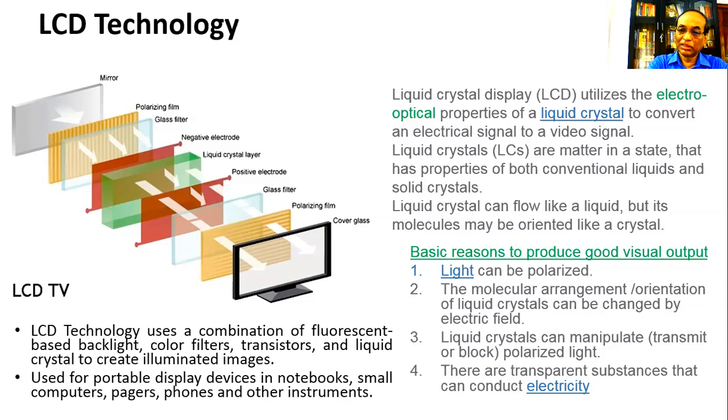Then for getting the proper contrast and intensity, transistor rated devices are being used, and for the color display, these color LEDs and color filters are being used. These are mechanically outwardly the components, which is the basic difference with the other devices.